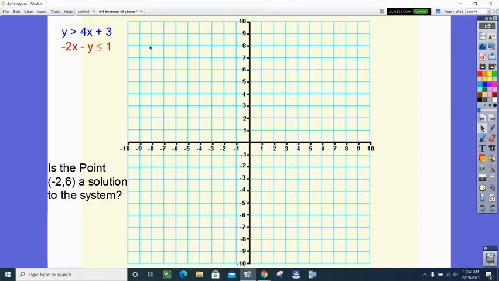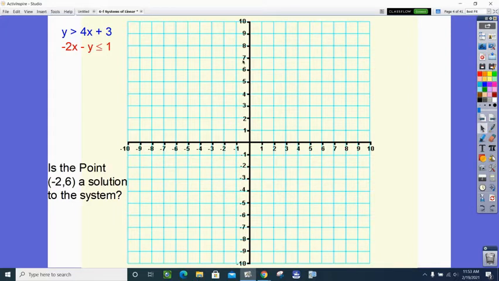Then graph the second inequality on top of it in a different color, or vertical lines, to see the intersection area of those two inequalities. Then we're going to ask the question: is the point negative 2, 6 a solution to the system? The video is going to stop so that you can do both of these, and then I will come back and make sure that we are clear.